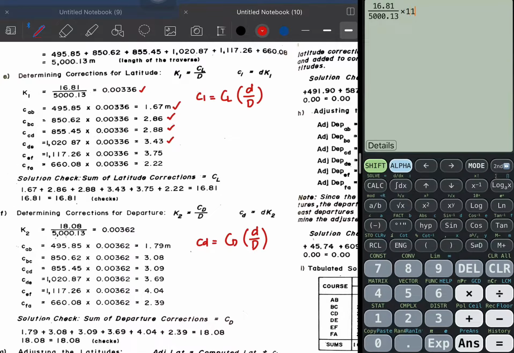And then next is 1117.26. That is 3.76. Okay, so I will explain later why it became only 3.75.